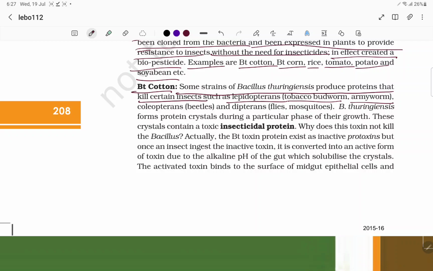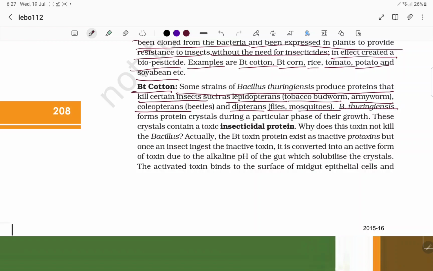Coleopterans, dipterans. So some strains of Bacillus thuringiensis will produce a protein which can kill lepidopterans, coleopterans and dipterans. Okay, none other than tobacco budworm and armyworm. So coleopterans is beetle, dipterans is none other than flies and mosquito.